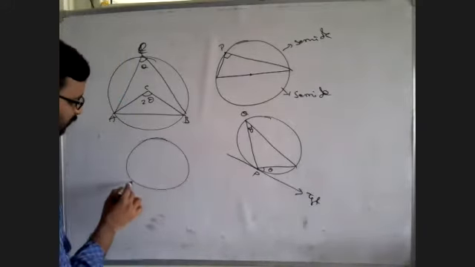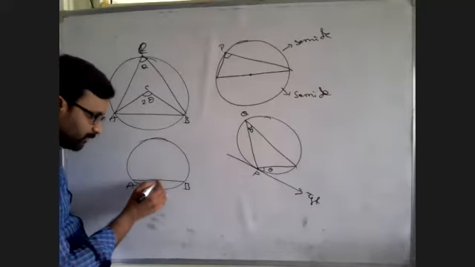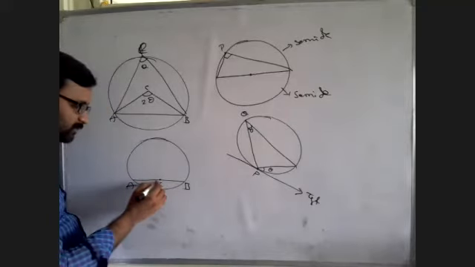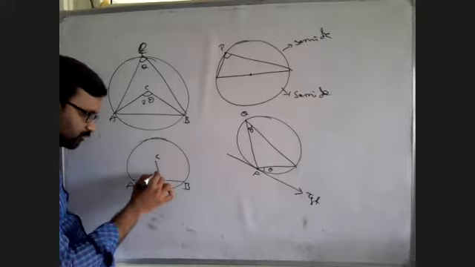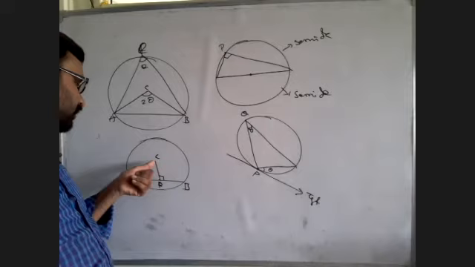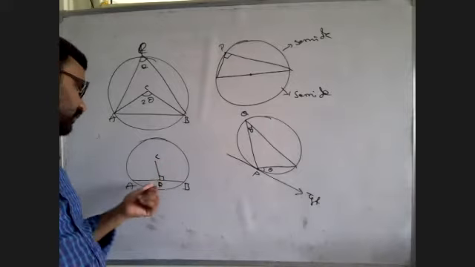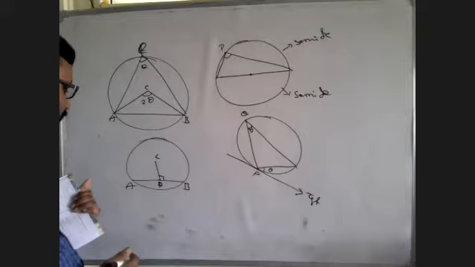In a circle, AB is a chord, and if you take a midpoint of AB, some D, some P, and this is center. If you join these two, this is clearly perpendicular. If you take a midpoint of the chord and join the center, that is clearly perpendicular to the chord.